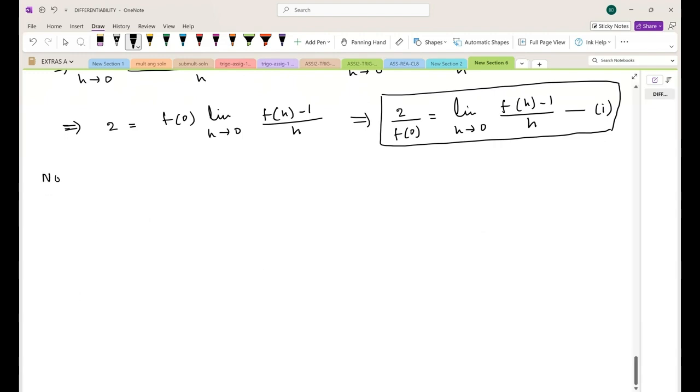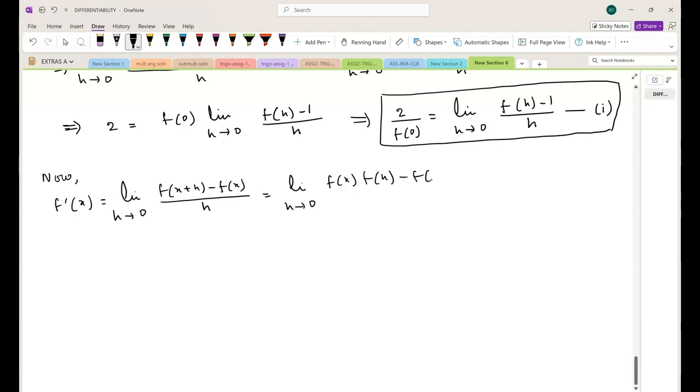Now we have to show f dash x equal to twice fx. So let's start with f dash x. So according to definition, it is limit h tends to 0 fx plus h minus fx by h, that is equal to, proceeding as before, limit h tends to 0, applying the given property fx plus h is fx into fh minus fx by h.